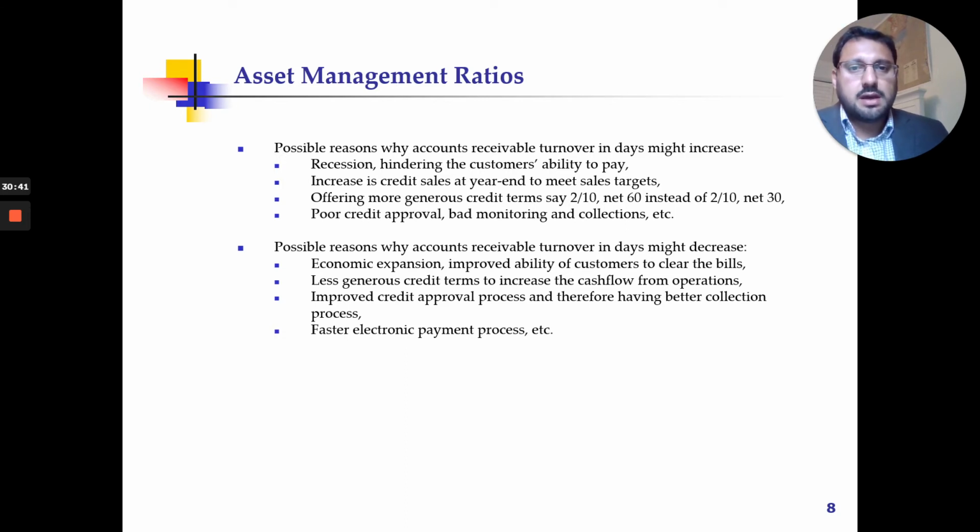For example, 2/10 net 60 means that the customer can pay in 60 days instead of 30 days, and if they pay within 10 days, they will get a 2% discount. So if they are not getting the 2% discount, the first 10 days has gone, then mostly the customer will avail the next 50 days as well. So this could be the reason.